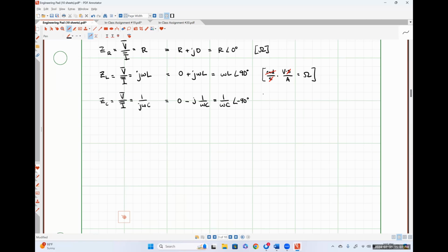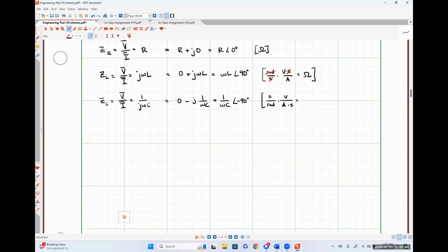And if we look at the units here, we have 1 over omega C. So that's going to be 1 over omega is seconds per radians. And then capacitance is measured in amp seconds. Sorry, that looks worse than my usual handwriting.